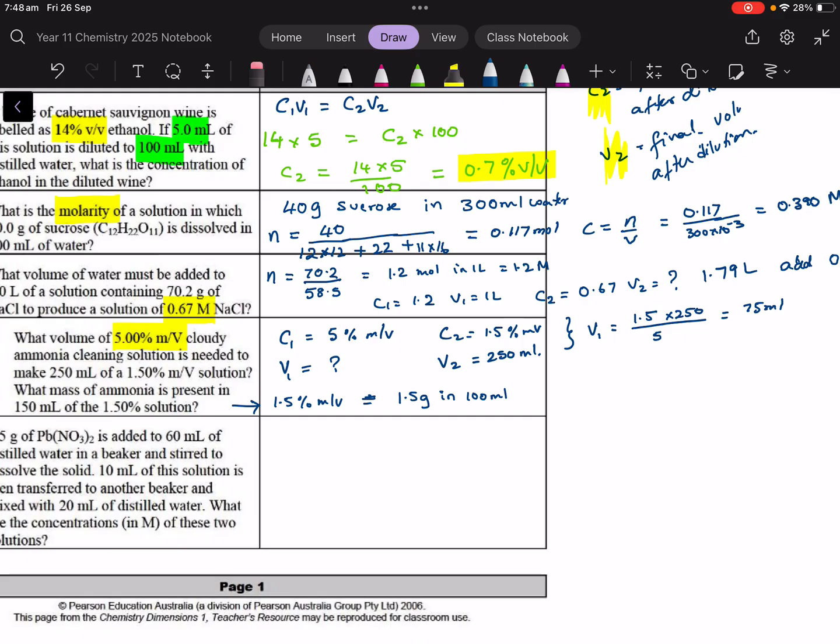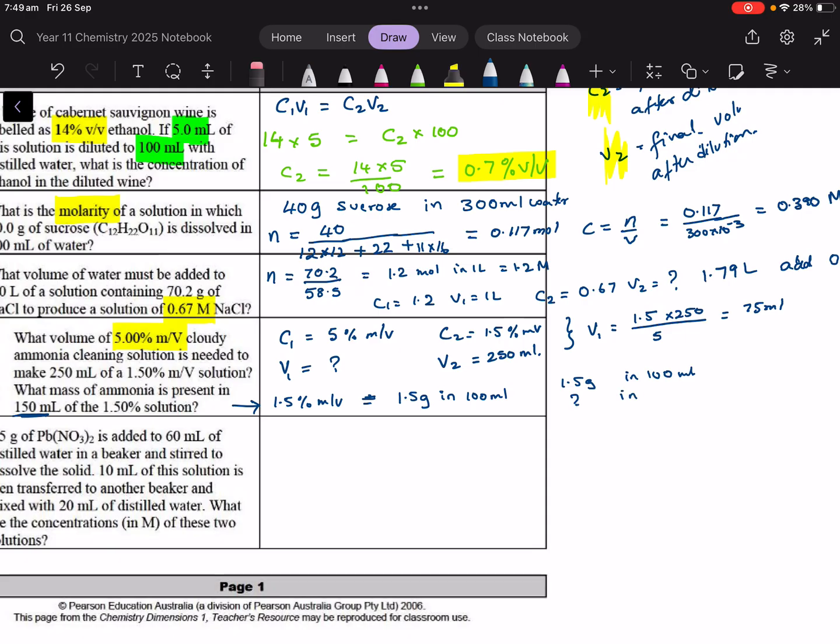That's your 1.5%. So if you want 150 mils of that solution, how many grams of the ammonia should you have in there? You would go with, let's say, 1.5 grams in 100 mil.